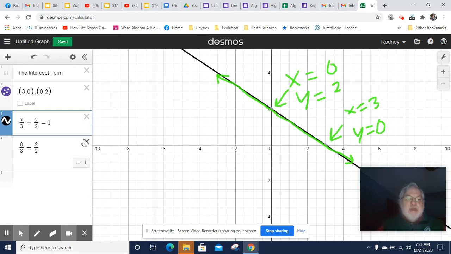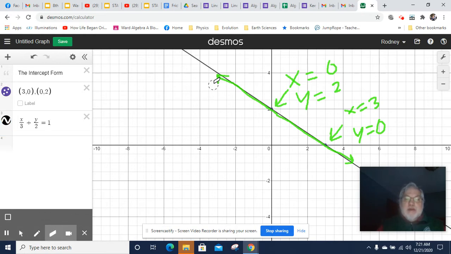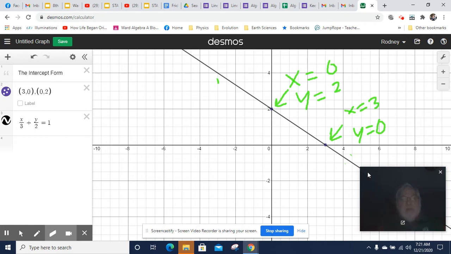Let me clear all that green out so you can see the line. So I've now created an equation for a line that goes through an x-intercept at 3 and a y-intercept at 2.